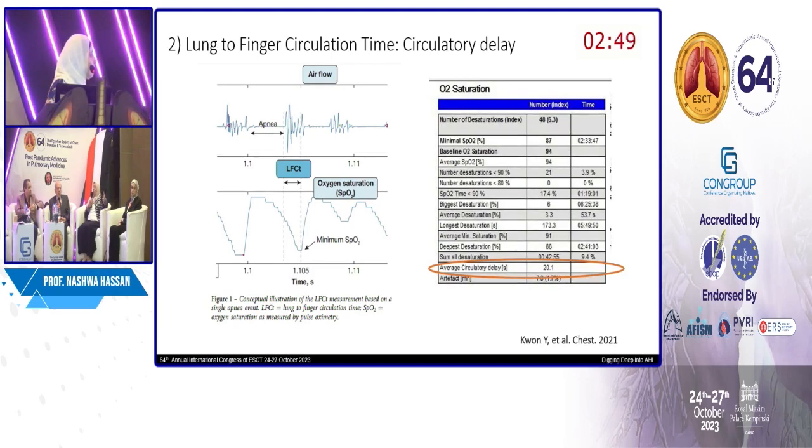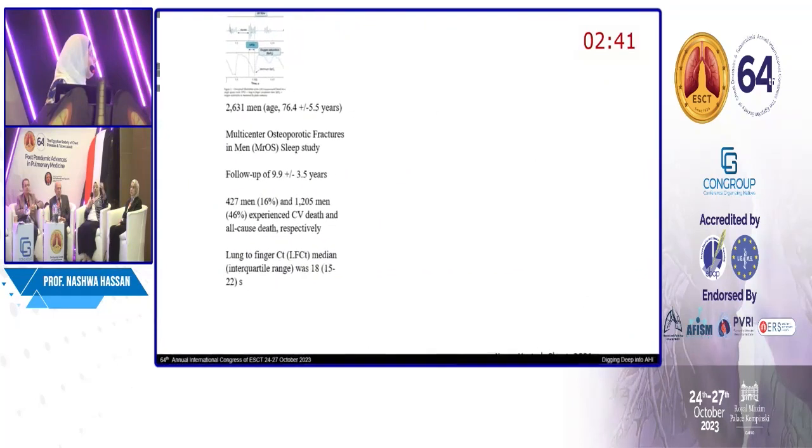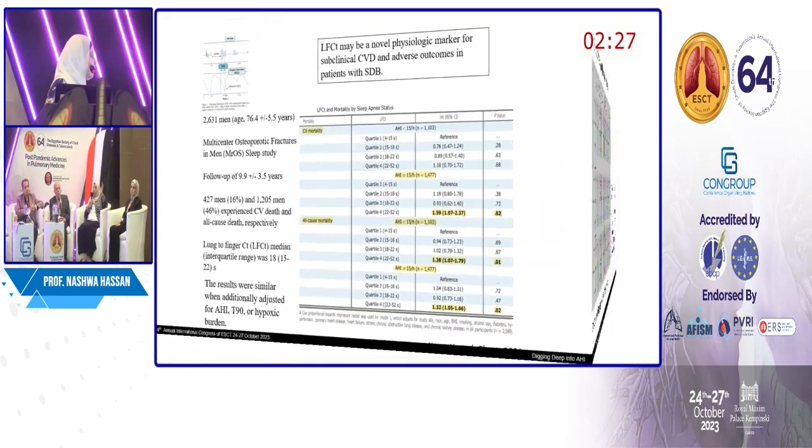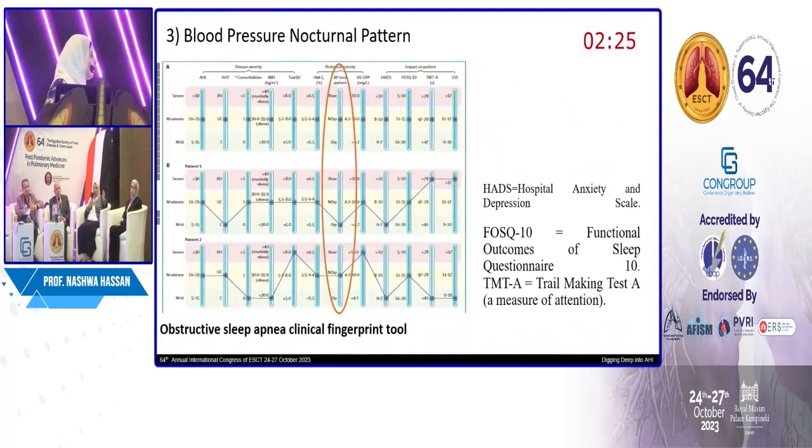This is correlated to the circulatory time, so if it is prolonged, this mostly means the patient is suffering from heart failure. But a very important correlation with outcome was found: patients who have a more prolonged circulatory time have more cardiovascular morbidity and mortality and all-cause mortality than those having a short circulatory delay. So this is a very important parameter to look at in polysomnography.